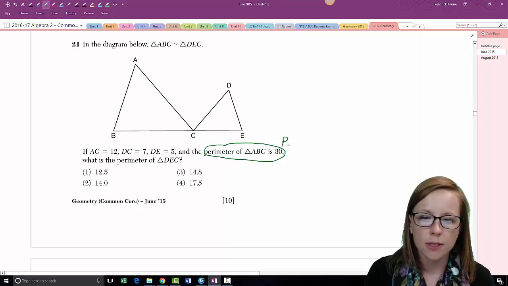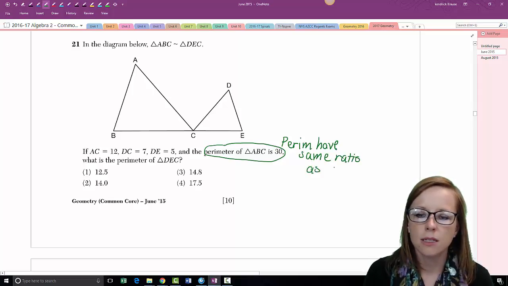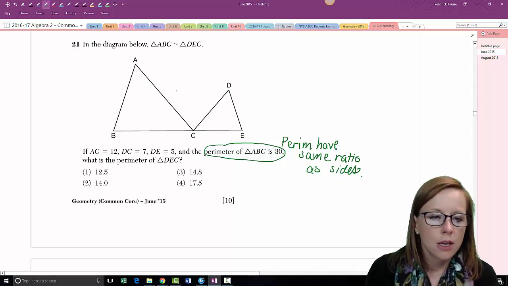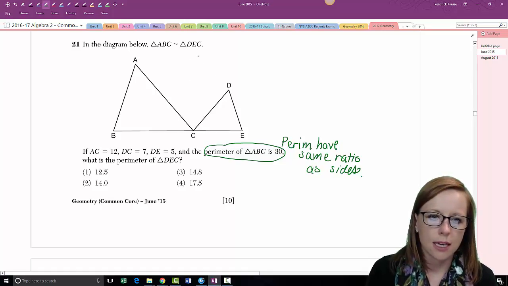One thing that you do need to know, if they're telling us that the triangles are similar, is that the perimeters have the same ratio as the sides. So that's actually really nice. Let's see, I'm going to redraw this triangle, DEC, to line up.